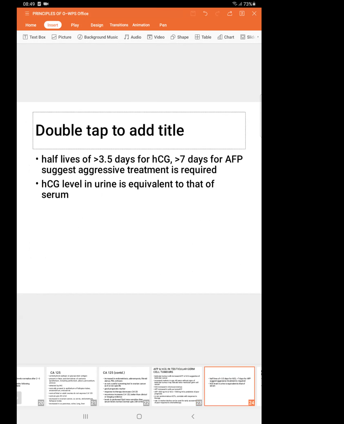As we see the response to therapy, we look at the half-lives of beta HCG and AFP. If the half-life of beta HCG is more than 3.5 days following starting of treatment, and AFP half-life is more than 7 days, then it suggests that more aggressive treatment is required.